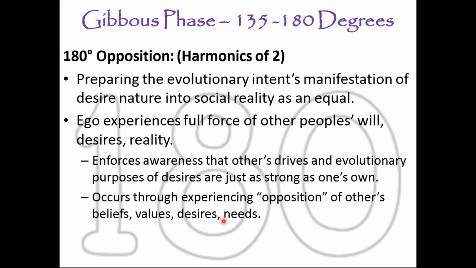And evolve them to that polarity point, but we start to become aware that everyone else is doing it as well. Their Mars, will, ego to manifest their desires is just as strong as ours. So we will come up against others still wanting us to make some type of adjustment, Gibbous phase, of how we are manifesting our desires.